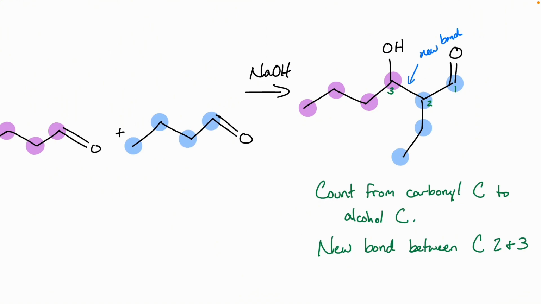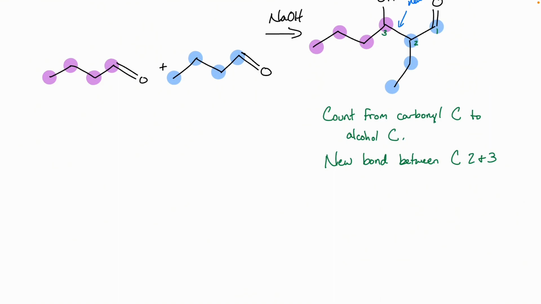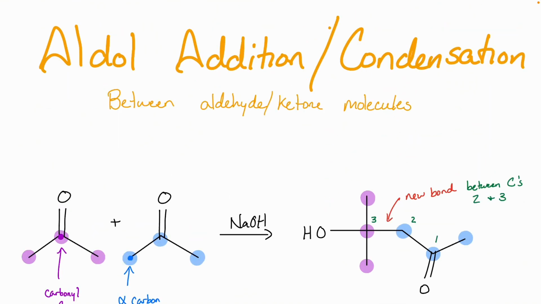Again, if we start counting from the carbonyl carbon towards our alcohol carbon, they're going to be located 3 carbons apart, and that new bond will be between carbons 2 and 3. All right, so I'm going to put down 2 more products here, and you tell me what reactants you would use to create these.